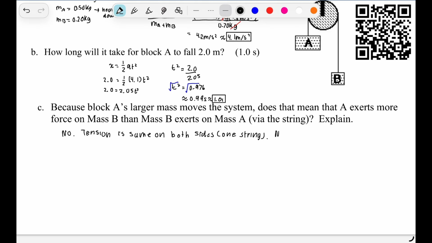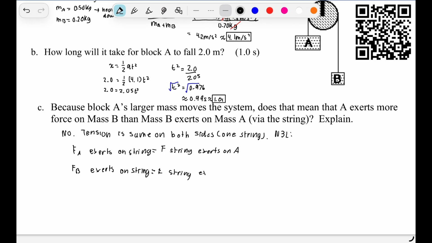So we can use Newton's third law. The magnitude of force A that it exerts on the string is equal to the force the string exerts on A. Force B exerts a magnitude of force onto the string, and that's going to equal the force the string exerts on B. They're going to have equal magnitude.